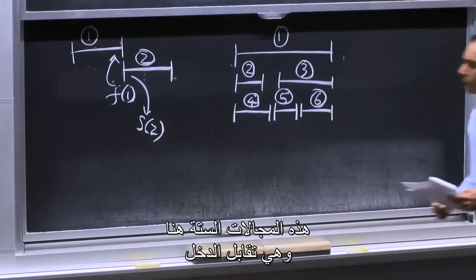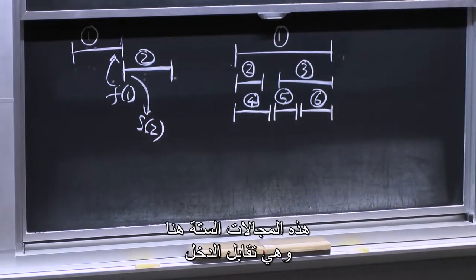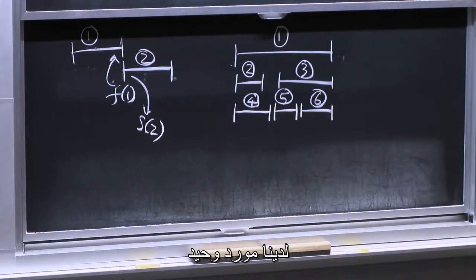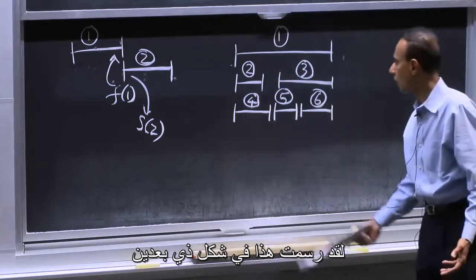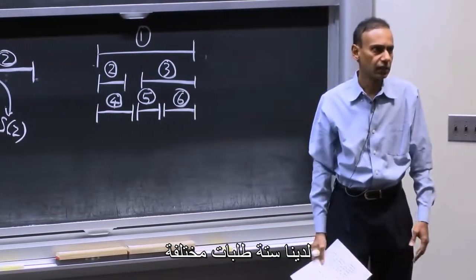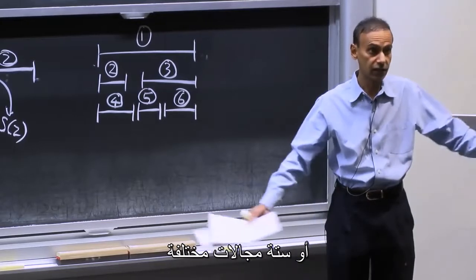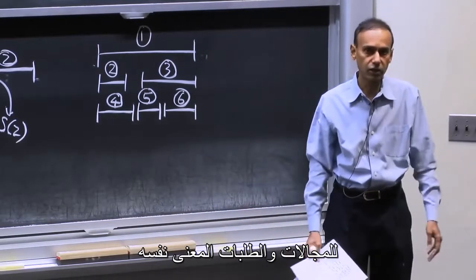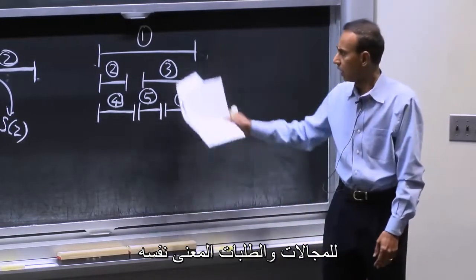Right. So those are my 6 intervals corresponding to my input. I have a single resource. I've just drawn out in a 2-dimensional form the 6 different requests that I have, the 6 different intervals. Intervals and requests are synonyms.